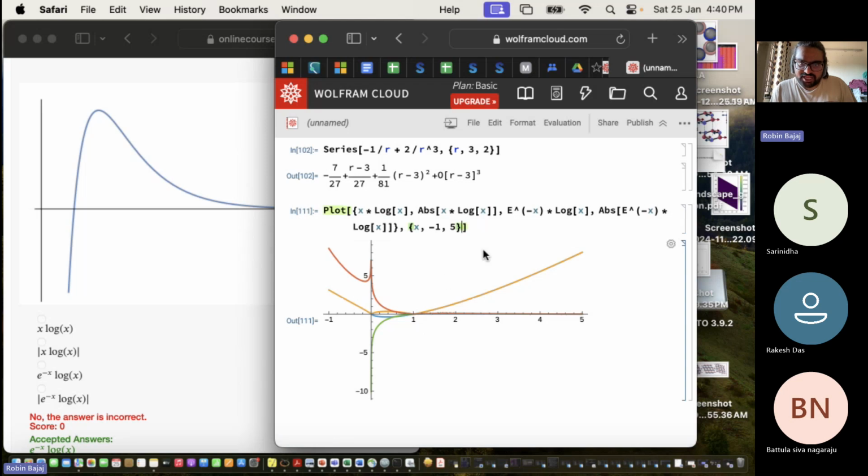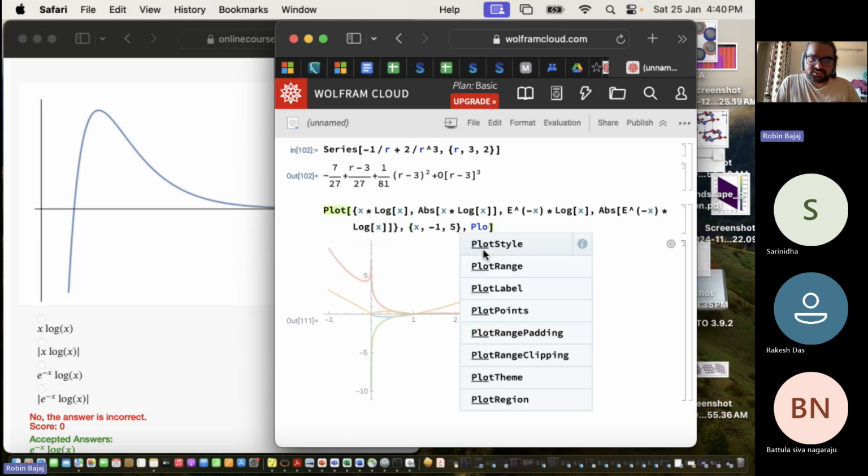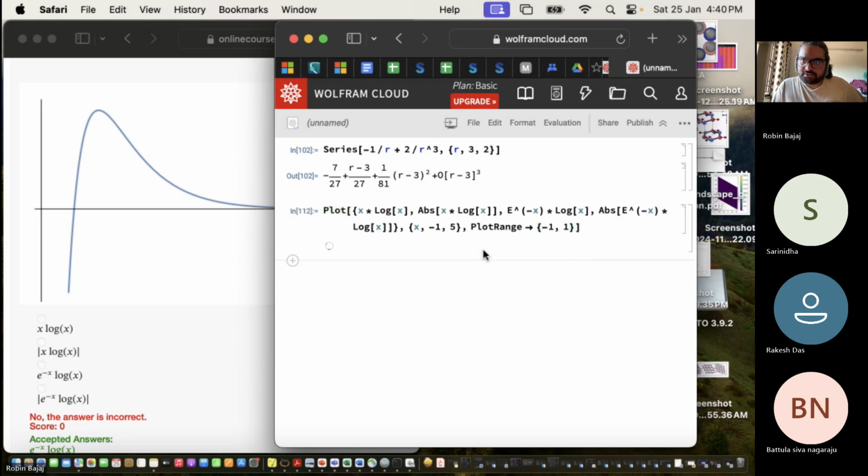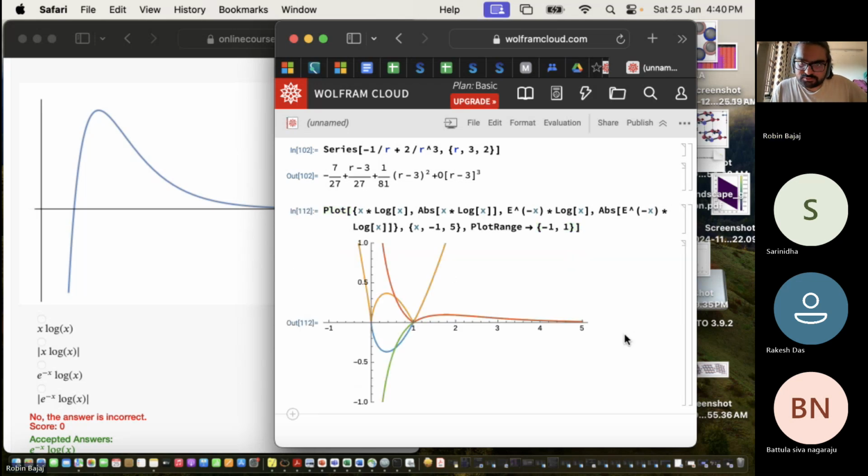Is it the range? Let's fix the plot range. Let's say minus 1 to 1 first. Then we'll change accordingly. Okay. So the issue was this. In that range, we were not able to see this graph.